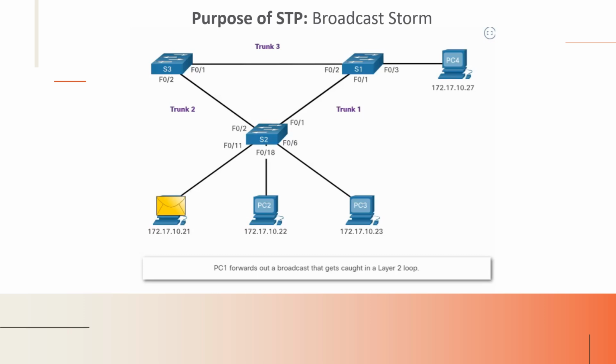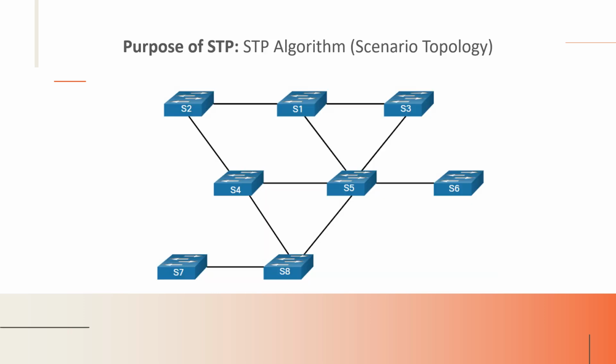Spanning tree is based on an algorithm invented by Radia Perlman while working for Digital Equipment Corporation, and published in the paper "An Algorithm for Distributed Computation of a Spanning Tree in an Extended LAN."